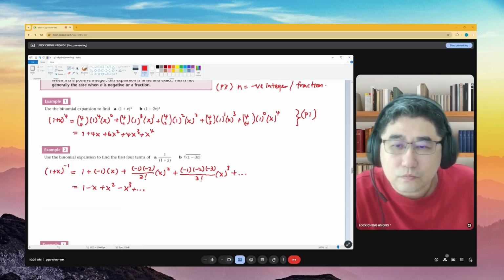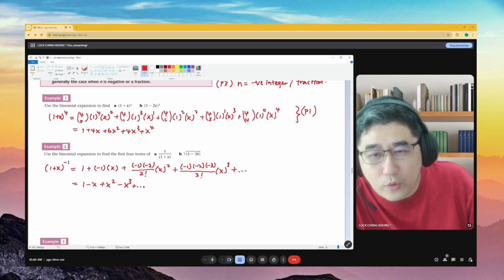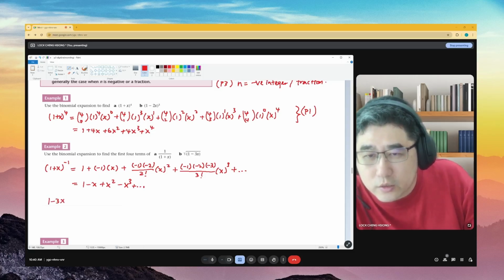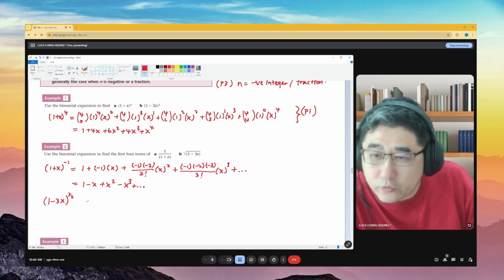What about the second one? You can see the square root of 1 - 3x, so (1 - 3x)^(1/2). As you can see, the power is a fraction, so we will use the P3 formula.